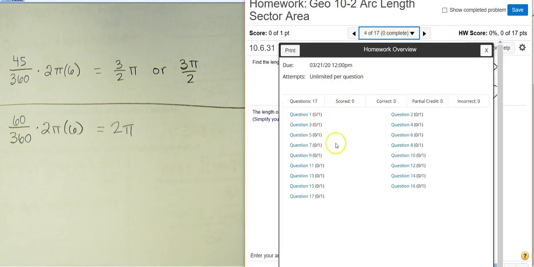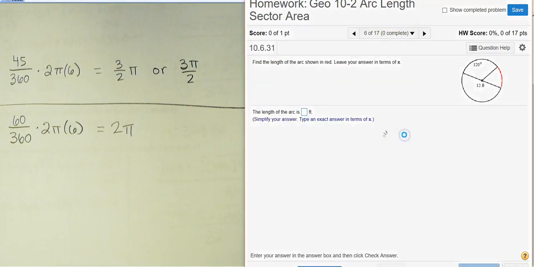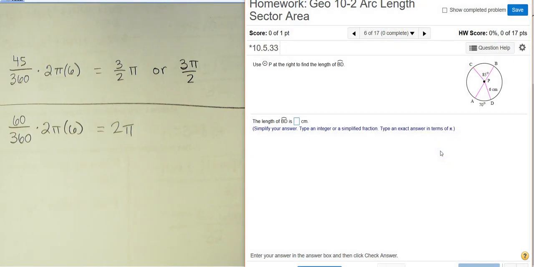And then number 6, what do we got going on here? Okay. The length of BD. So BD is this arc here. Let's see what we can figure out. Okay, if you can see my mouse, this is 70. This is a diameter.